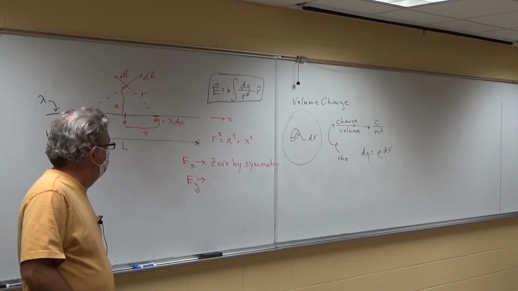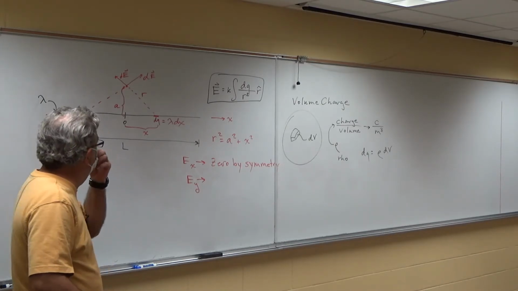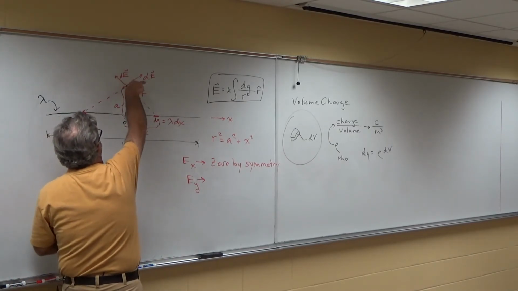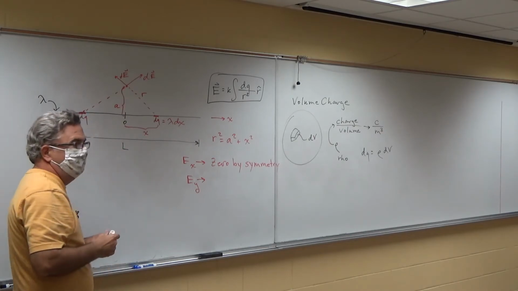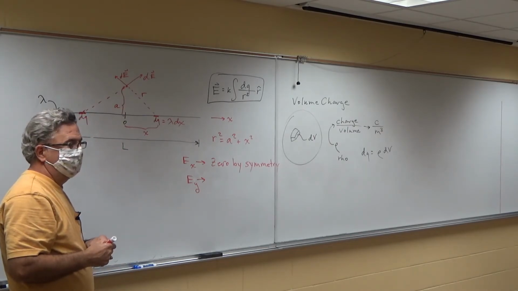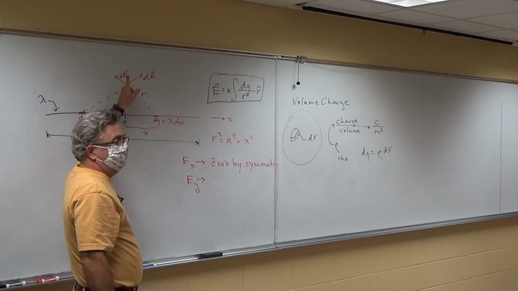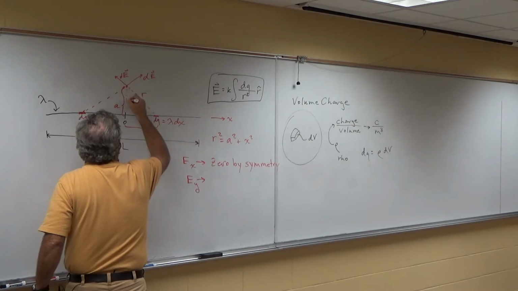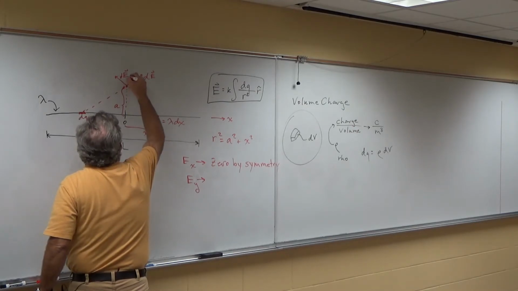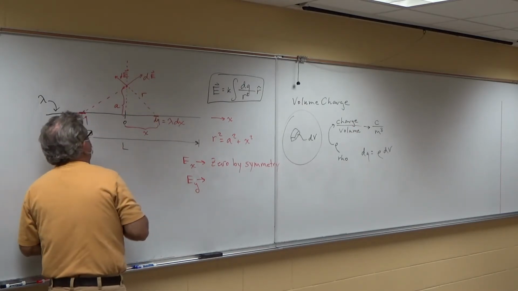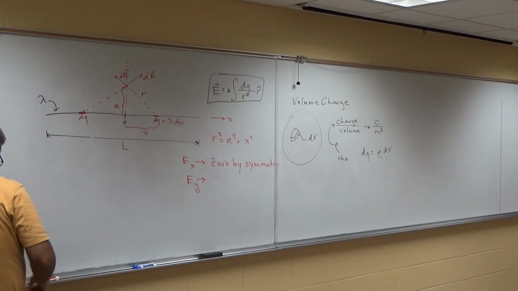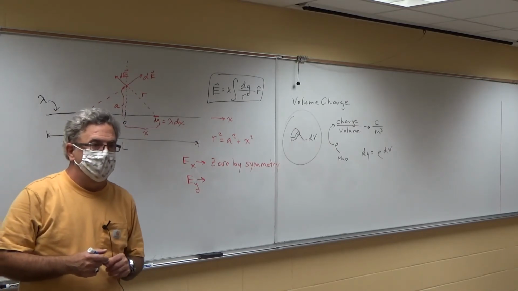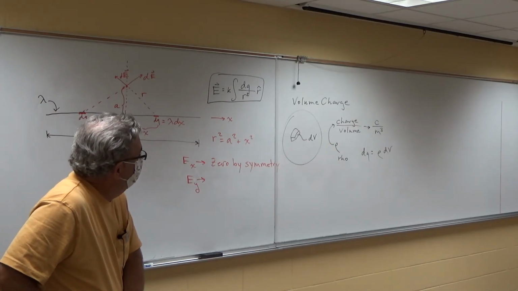Okay. What about EY? Well, for EY, that's going to survive because these components are going to add to one another, and you're going to get an electric field vector that's in the Y direction. So for that, let me put a line here. We need the component of that little bit of electric field in the Y direction.